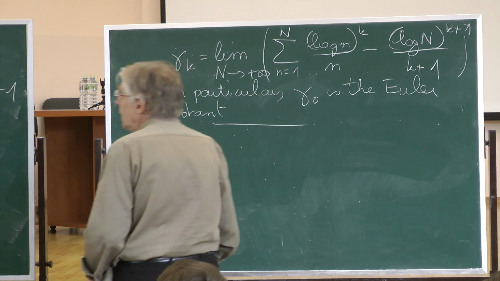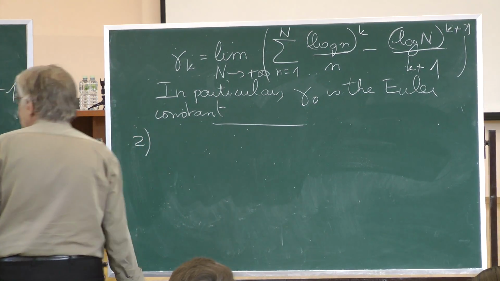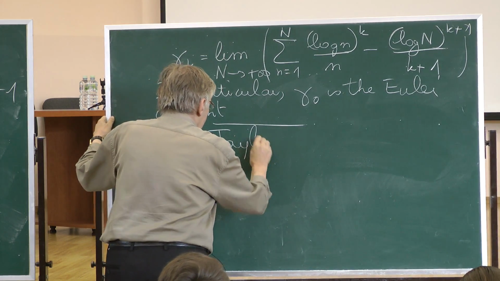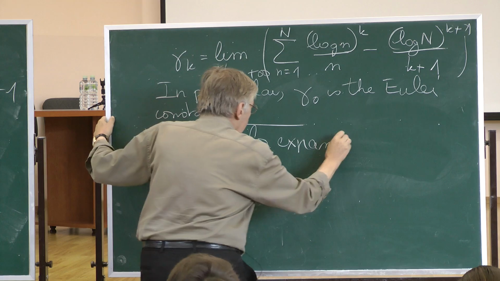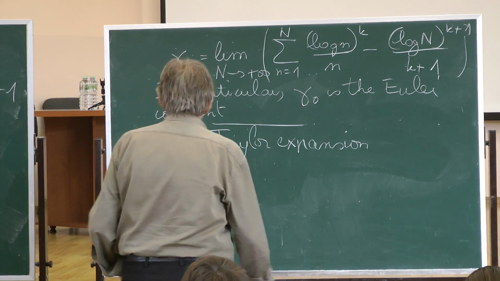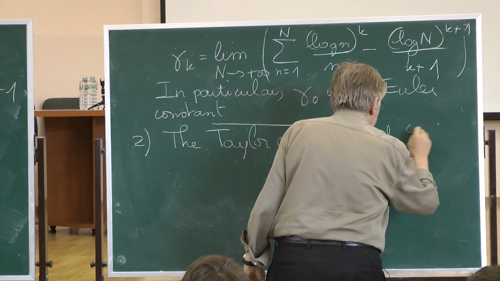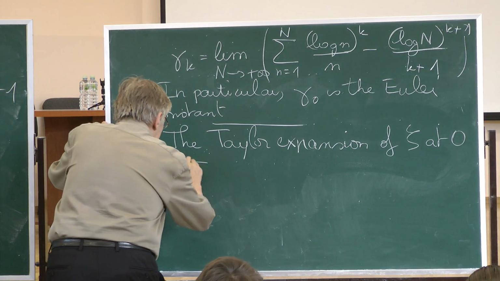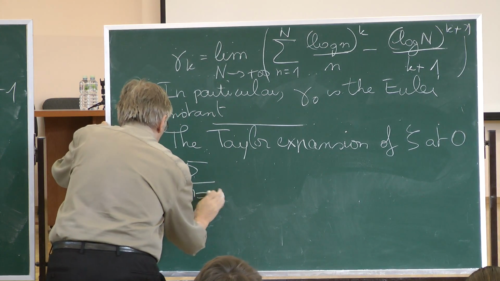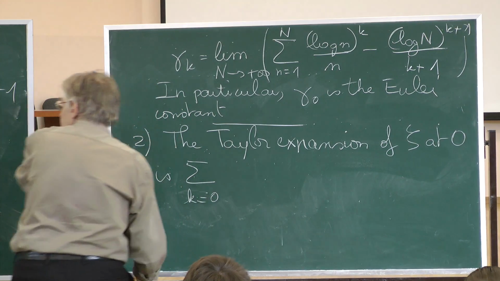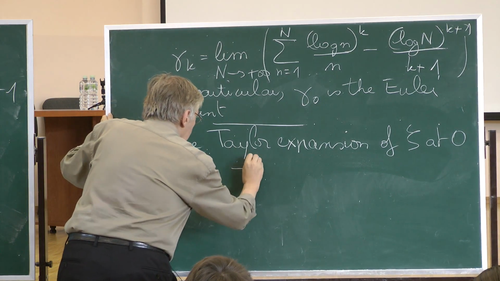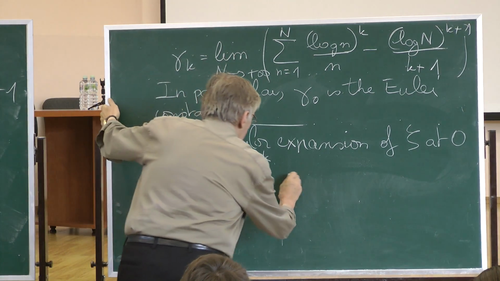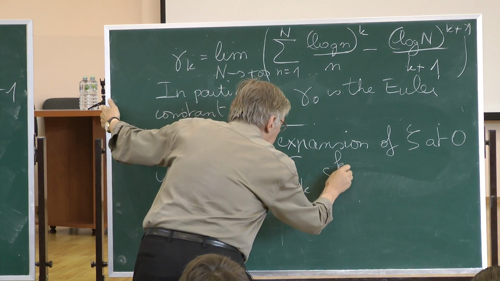And similarly, the Taylor expansion of zeta at 0 is the sum for k going from 0 to infinity of minus 1 to the power k divided by k factorial, times delta k, s to the power k. Let me call these numbers delta k.